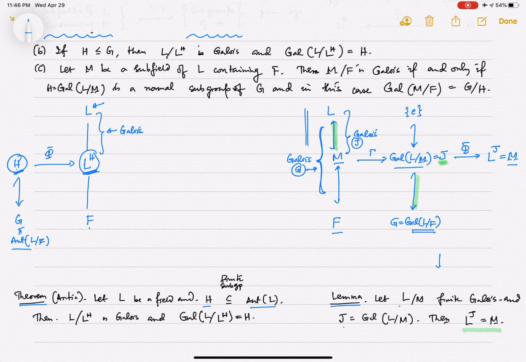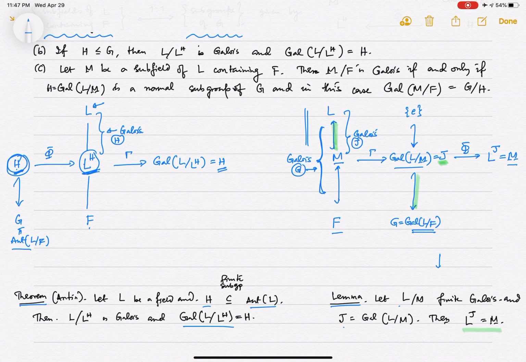So because this is Galois, it makes sense now to apply the other arrow, gamma, and go to Galois(L over L^H). But Artin's theorem also says that that Galois group is just H. So that tells you that if you start with a subgroup, look at the corresponding subfield, and then look at the subgroup that corresponds to that subfield, you get back to the subgroup H that you started with.